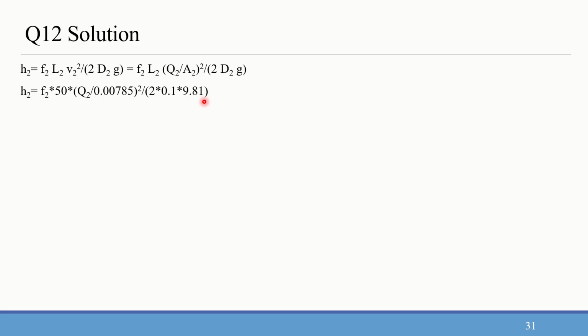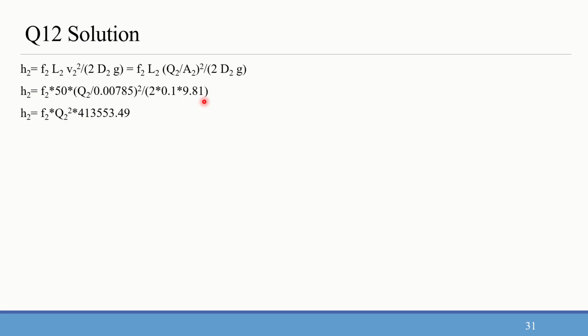We get 50 into 1 divided by 0.00785 square, divided by 2, divided by 0.1, divided by 9.81. So that becomes H2 is equal to F2 into Q2 square into 413,553.49.